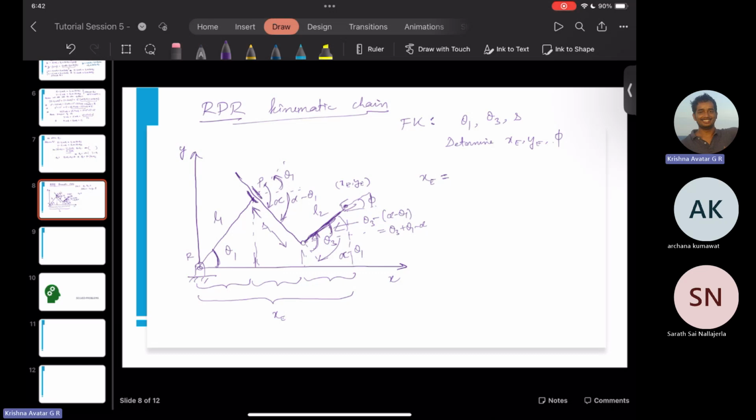So let's start with XC. For XC now, we have been able to obtain the individual contributions.